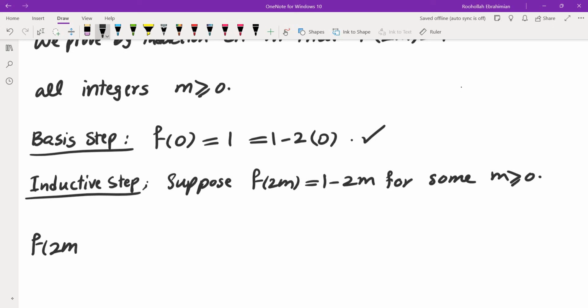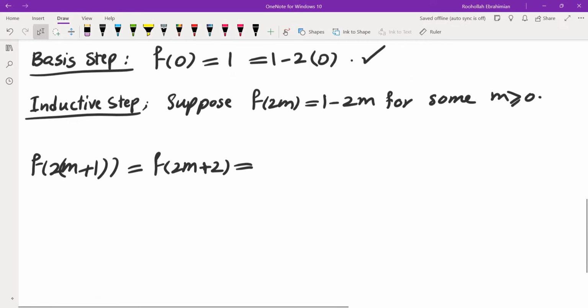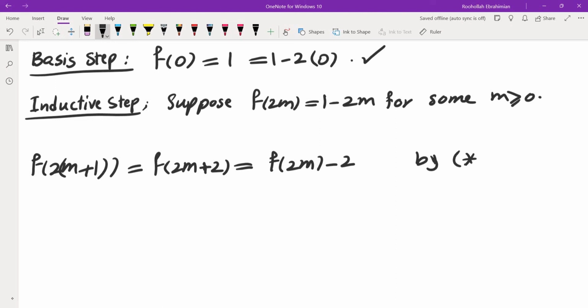f of 2m plus 2. So we're going to look at the next step. That's f of 2m plus 2. This is equal to, so we're going to look at the equation star, this is f of 2m minus 2. This is by star. I'm referring to that equation that I got before. This is equal to 1 minus 2m minus 2.